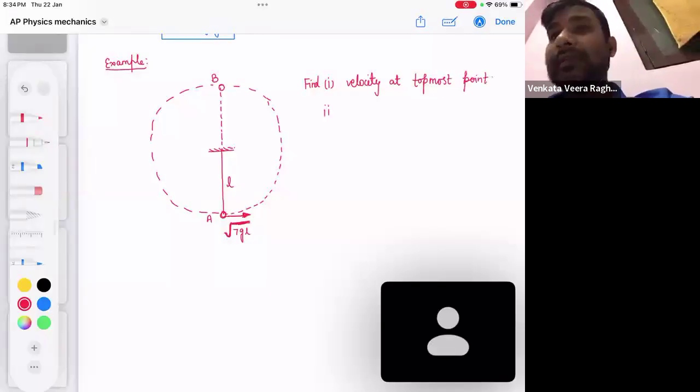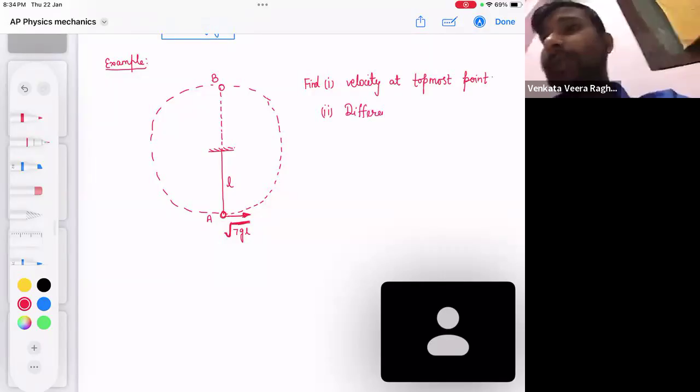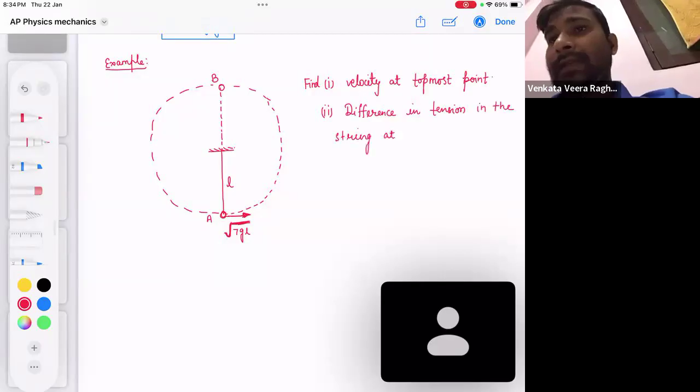Second thing, find the difference in tension in the string at A and B. Understood the question?